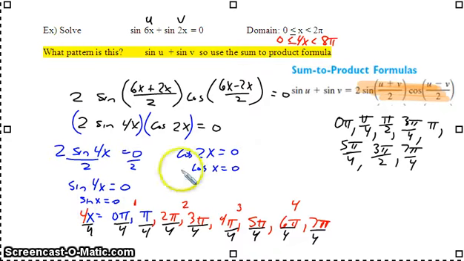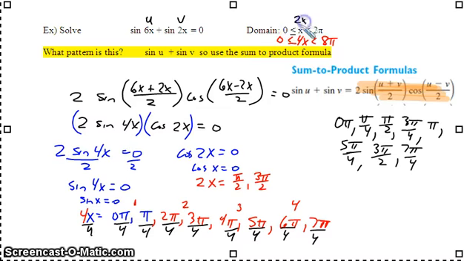I still have to go through and do this for the cosine. So we're looking for x values where the cosine is 0. So cosine of 0 would be pi over 2 and 3 pi over 2. Now again, remember though, this is really a 2x. So if this is a 2x, what I need to do is change my domain.